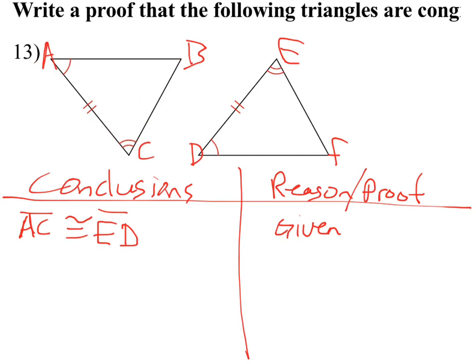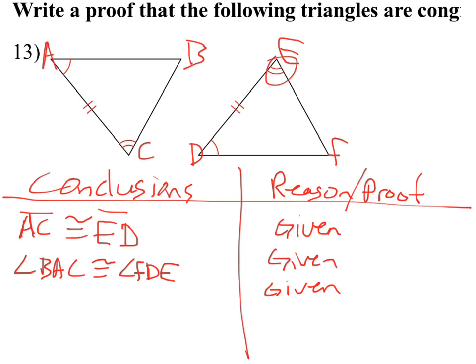This angle here is congruent to this angle here, and that's angle BAC and EDF. And that's also given. The next one's another given. It's right on the picture. We have these angles that match up. So that's BCA and FED.